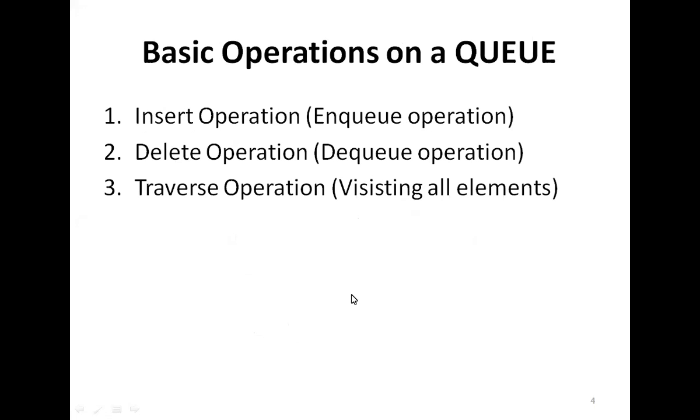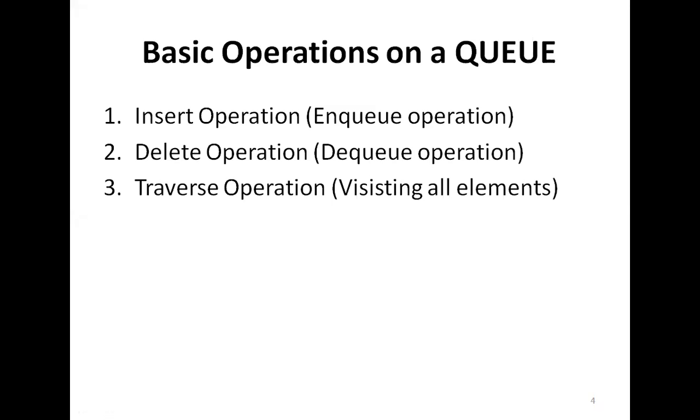Now there are some basic operations on the queue data structure like other data structures. Among them, we will discuss here the three important operations. The first one is insert operation, and this insertion operation is also known as NQ operation. Insertion means adding a new data item to the queue.